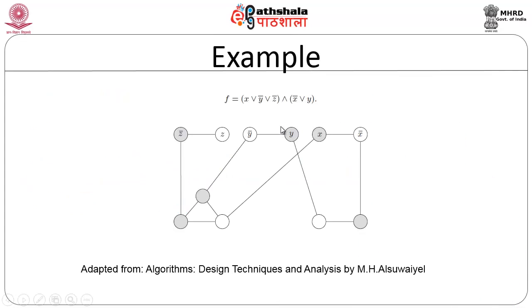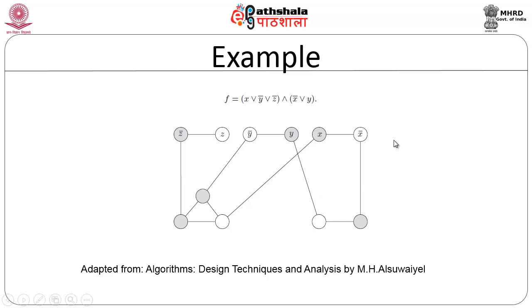You can take this particular example as the formula. By rule 1, we connect each literal to its negation: x bar is connected to x, x is connected to x bar, z is connected to z bar. Then we create cliques: this one is a clique of size 3, and this one is a clique of size 2.